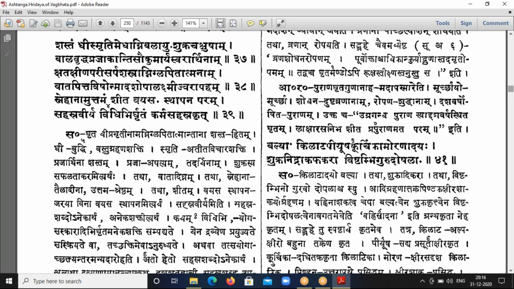That is one way of understanding Kiladam. Kiladaha alpakshiro bahuna takrena kritaha. That is how Arunadatta comments on it.